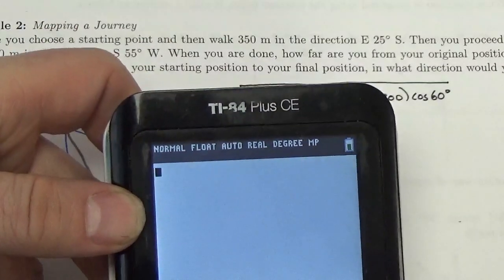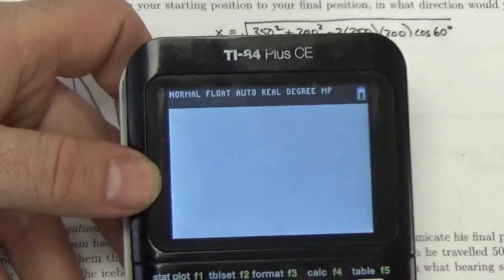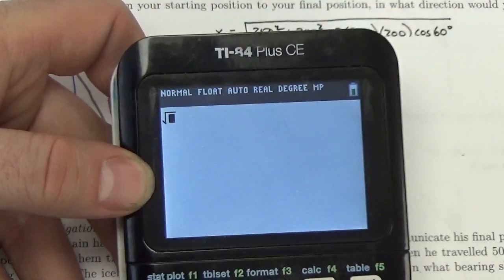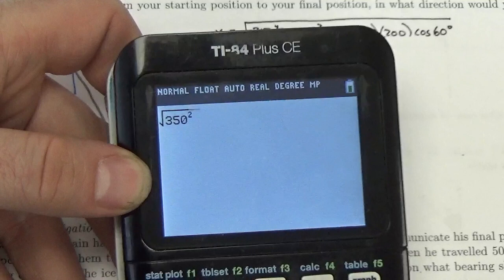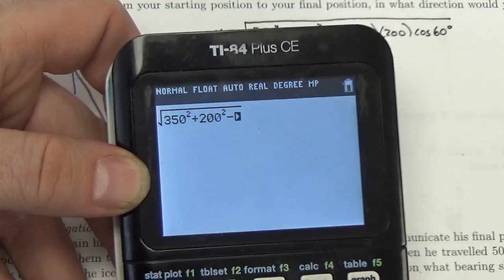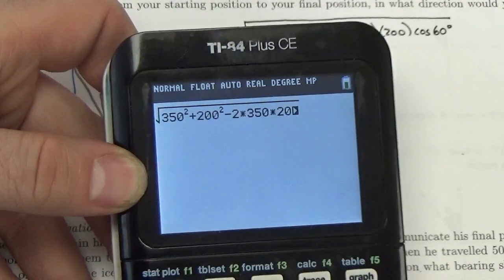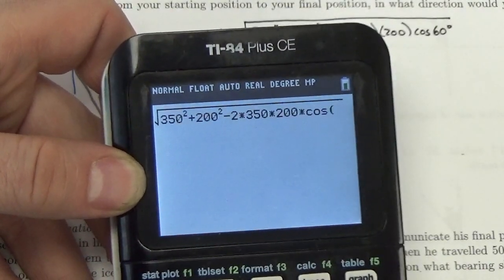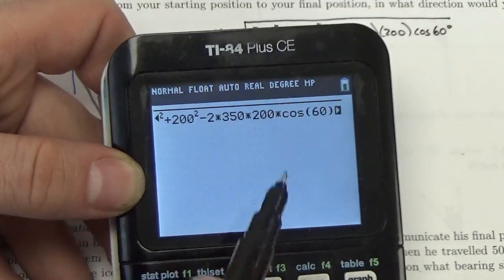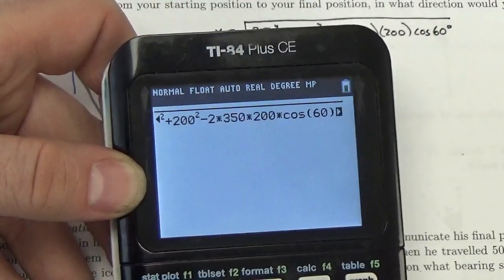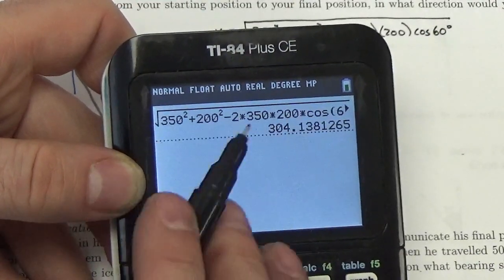Okay, I want to make sure that we can see this all here: the square root of 350 squared plus 200 squared minus 2 times 350 multiplied by 200, multiplied by the cosine of the angle in between. Now we just want to make sure that we're in degree mode there, and we are. And so there we go.